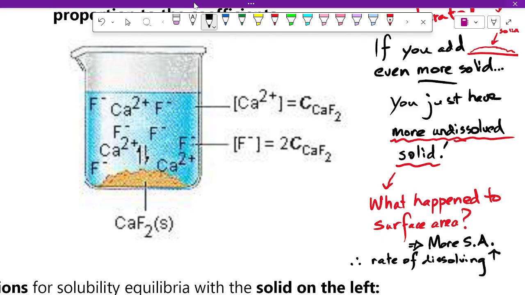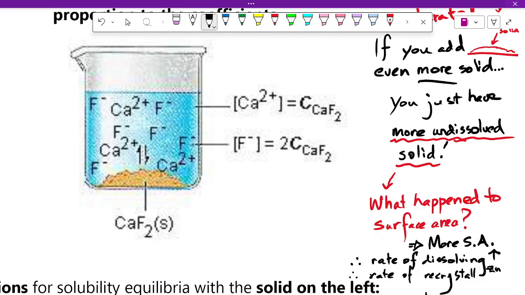But if the solution is already full, what also has to happen to the rate of recrystallization? It's going to go up as well, by a different amount or by the same amount?